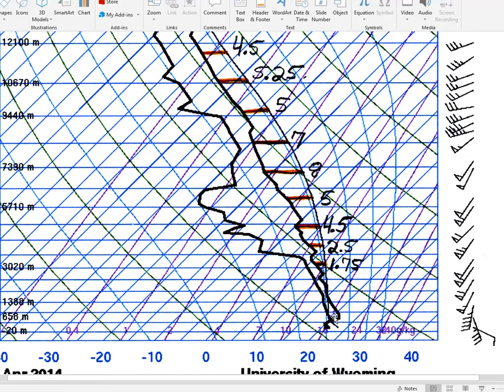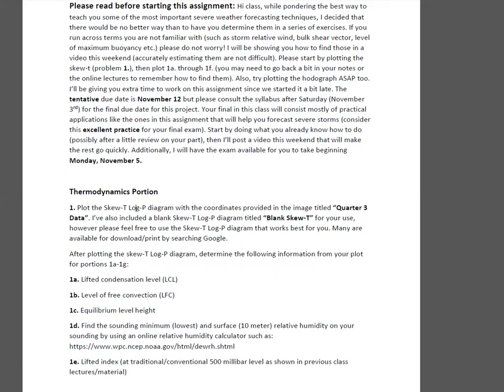Both the dew point and temperature need to be taken from the surface. Where those intersect, that'll be your lifted condensation level, or LCL. You can go back and look in the class material if you need more information on that.